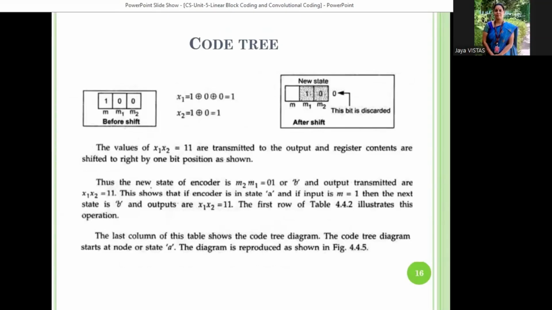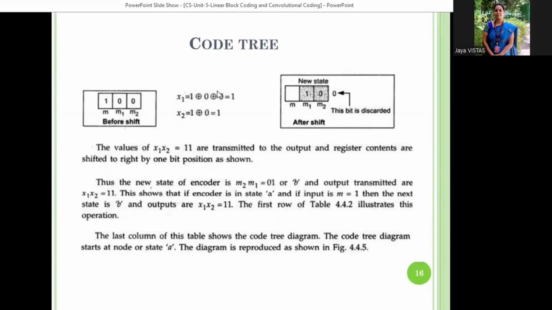Here, initially the first bit is 1, M1 is 0, M2 is 0. So what is the output? X1 is equal to M modulo addition of M1 modulo addition of M2, so M plus M1 plus M2, taking the XOR operation.